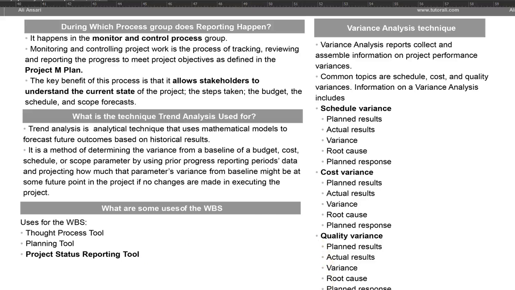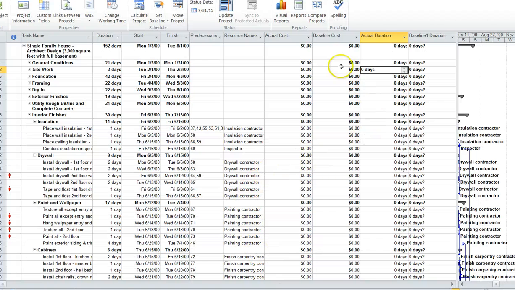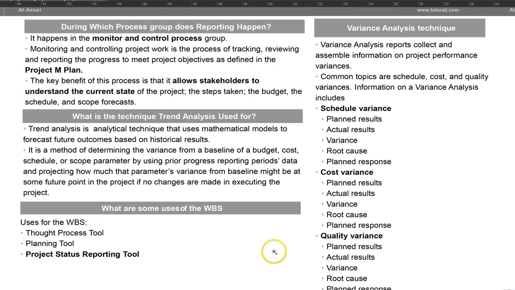When we went to Microsoft Project, this is like the work breakdown structure, but the work breakdown structure is in a graphical format. Over here you see the same thing: the task, the duration for each task, the start date, the finish date, the predecessors, the actual cost, baselines, and all that stuff. So the work breakdown structure is helpful as a project status reporting tool as well.